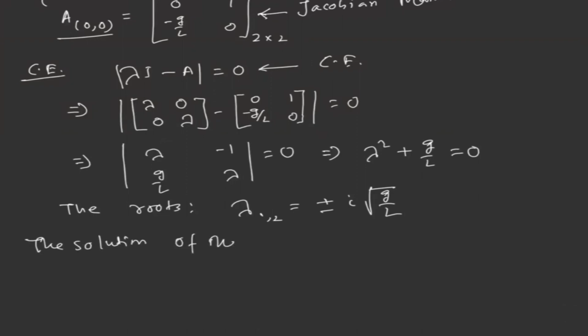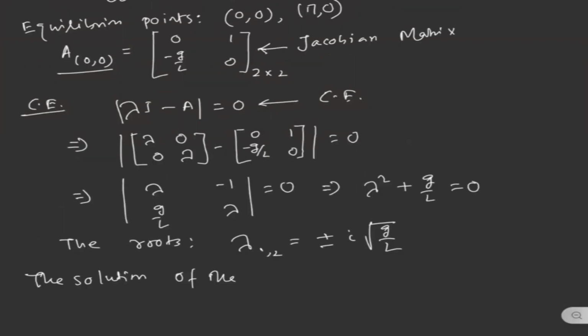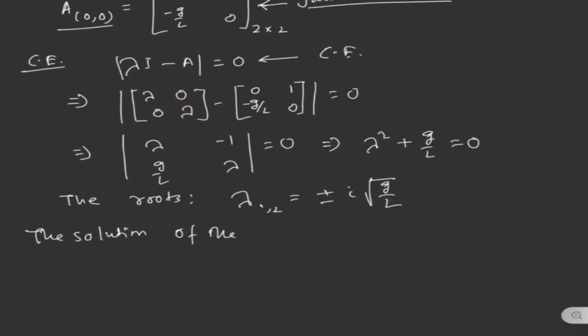Now the solution of the system, this is the system for this Jacobian matrix. We had the equations of the system: x1 dot equal to x2 and x2 dot equal to minus g by L x1.